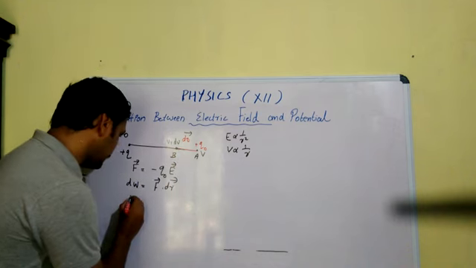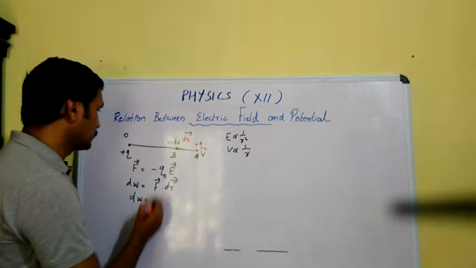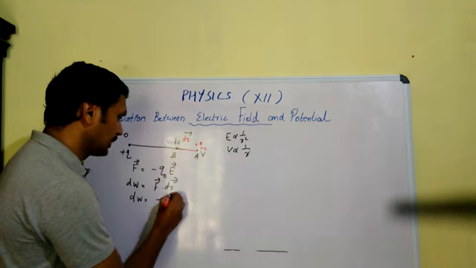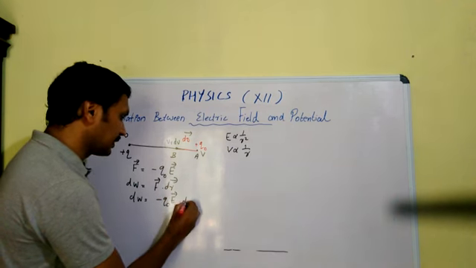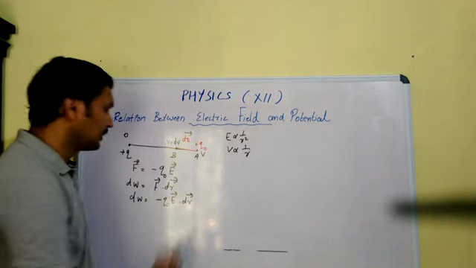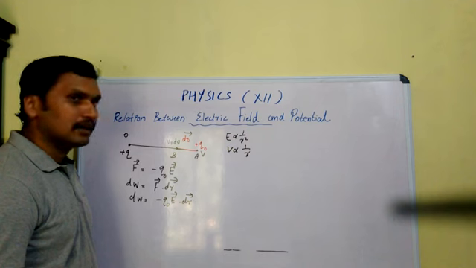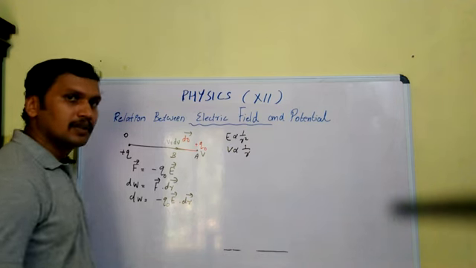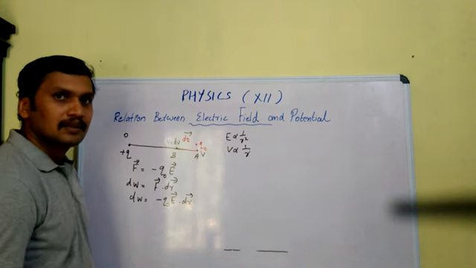Substituting for F, that is minus Q0 E, we get dW equal to minus Q0 E dot dr. So we have calculated the work done in terms of electric field.